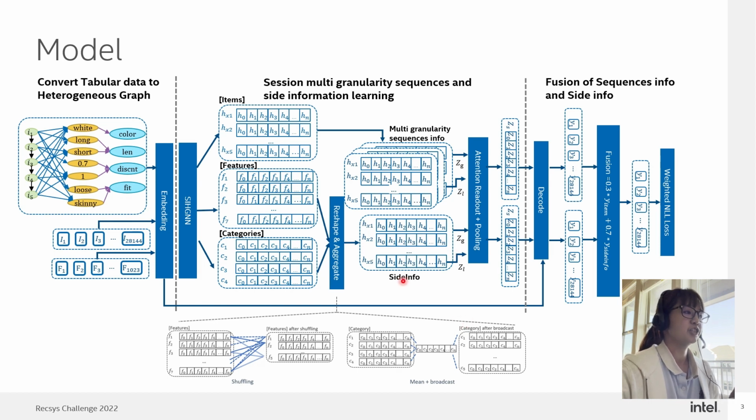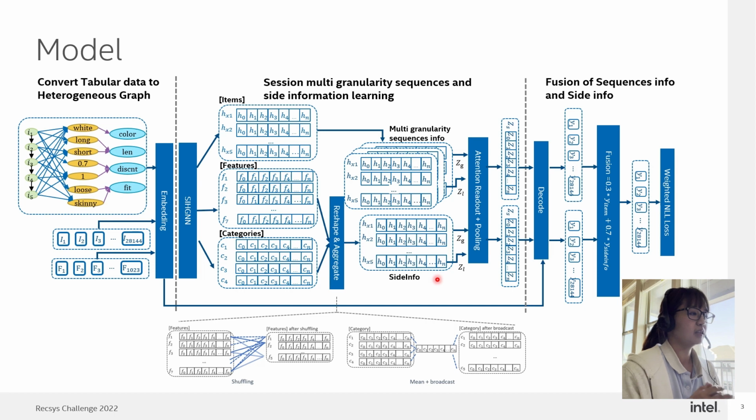The first channel is only for the items, because this is the main information. The second channel is for the feature and category aggregation, which is the site information.